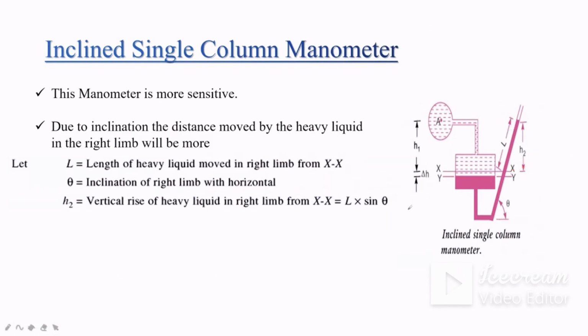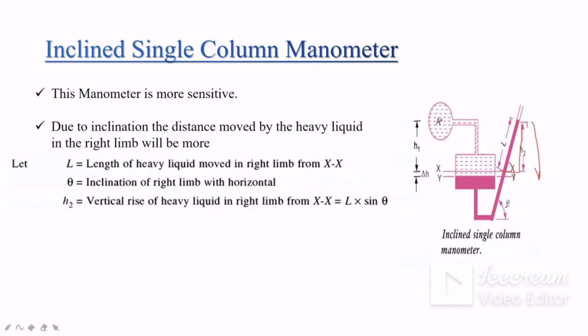See here, it will also form a triangle, so this theta and this theta are the same. What is the distance of H2? H2 is nothing but L into sine theta. That is the only thing we have to add.